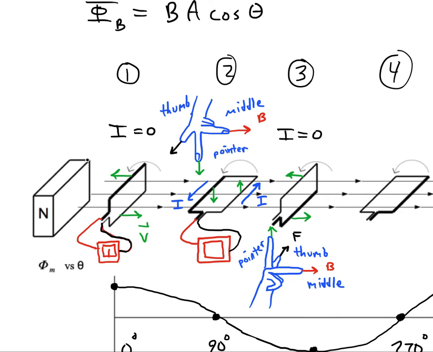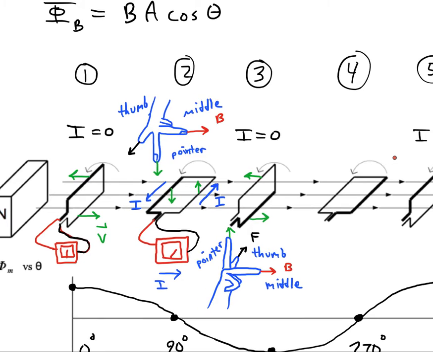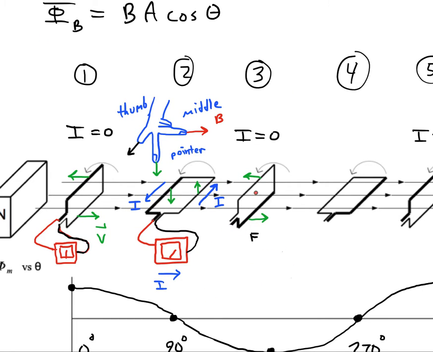Now, when we had used the galvanometer before, we said that when current flowed to the right, that was going to cause our needle to be deflected to the right. Okay, now when we come back to this position, we're not going to have any current anymore, but I'll draw the galvanometer either way.